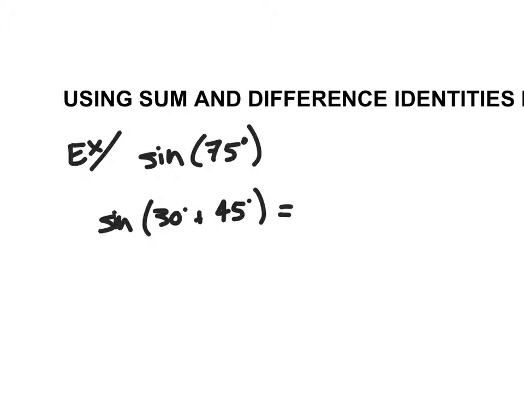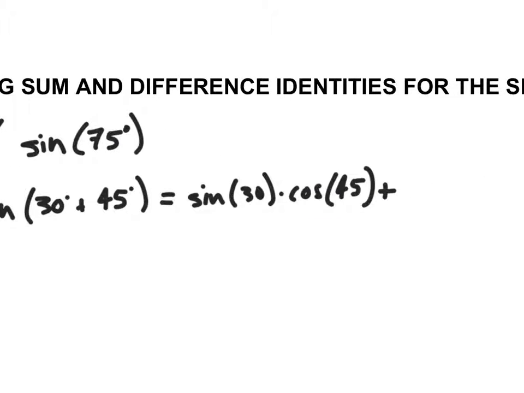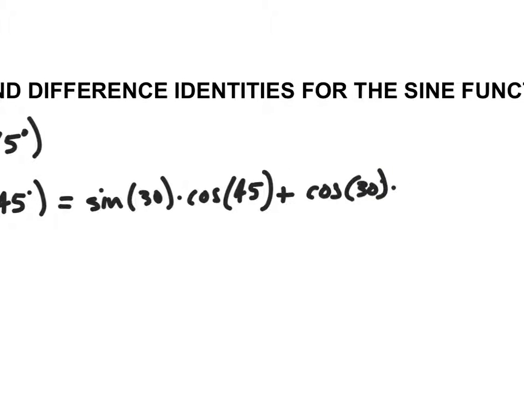So sine of 30 times cosine of 45, plus cosine of 30 times sine of 45.